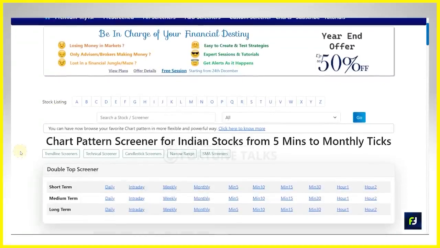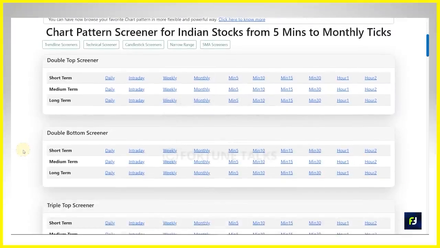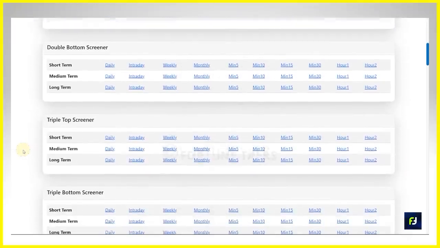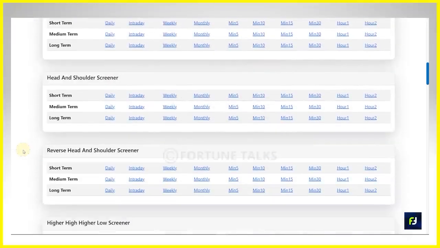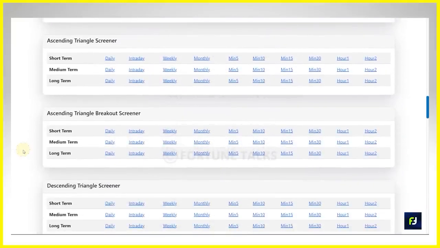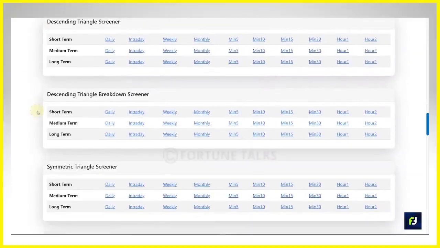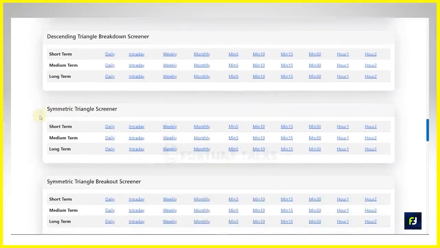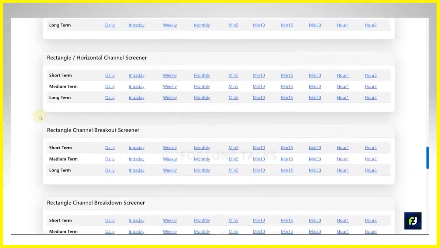And when you scroll down, you get a lot of patterns from double and triple tops, double and triple bottoms, head and shoulders, inverse head and shoulders, triangle patterns. But unlike TradingView chart patterns indicators, here you get the variance of triangle patterns sorted under different sections, followed by rectangles and channels.